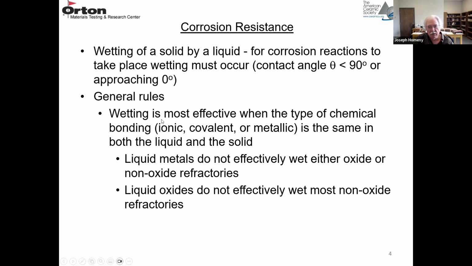Wetting is most effective when the type of chemical bonding, whether it's ionic, covalent, or metallic, is the same in both the liquid and the solid. So liquid metals aren't very effective in wetting oxides or non-oxide refractories. And liquid oxides do not effectively wet most non-oxide refractories. So that's why carbon is very effective in the matrix.